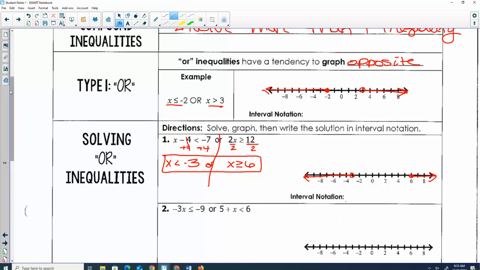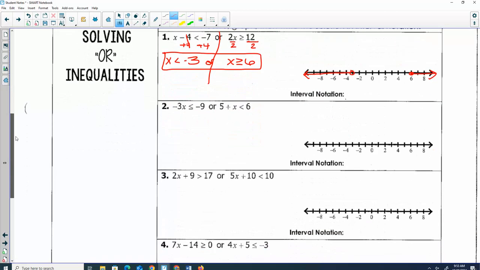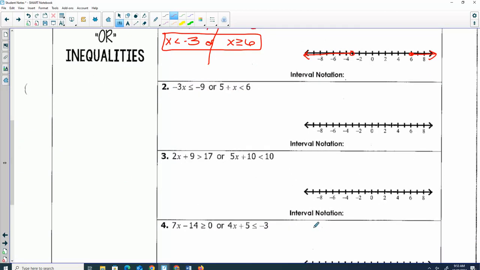All right. Number 2. -3x is less than or equal to 9, or 5 plus x is less than 6. So we have two problems. Remember from last week, if you divide by a negative, what happens?